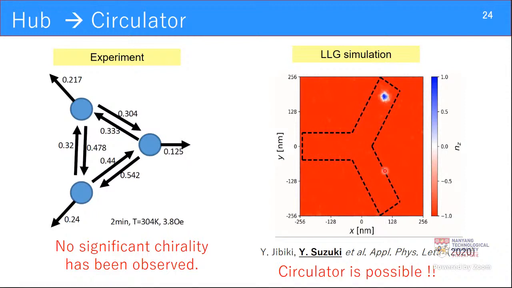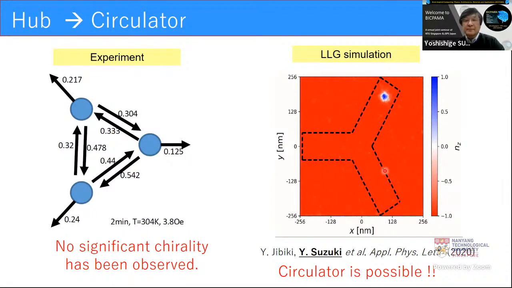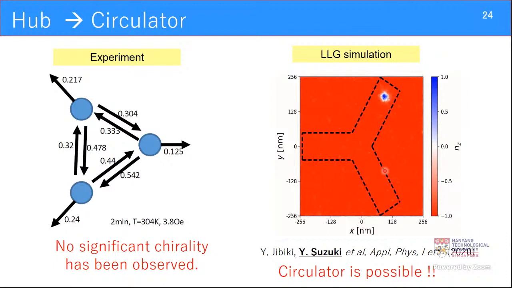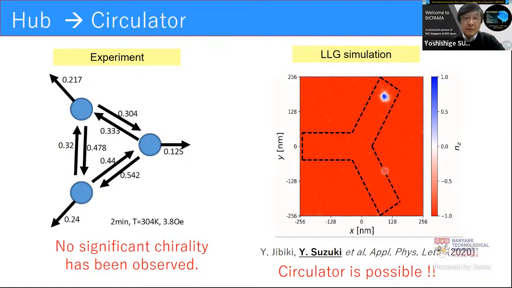So why are you carrying on the LLG simulation? Is there any relation through which we can calculate the position and the velocity of the Fermion? Okay, nice question. So we are also trying to do this calculation by using segregation.